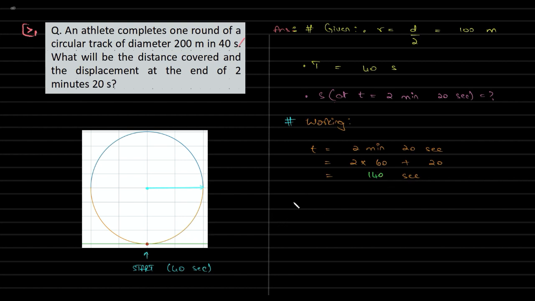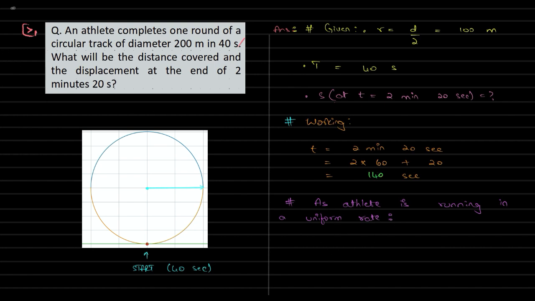Now let's talk about the next part, that is what happens to the athlete with reference to this time. So to begin with, as the athlete is running at a uniform rate, the displacement would be what?